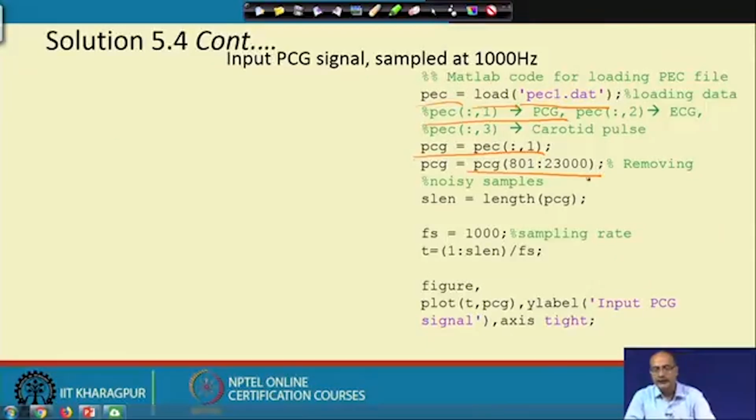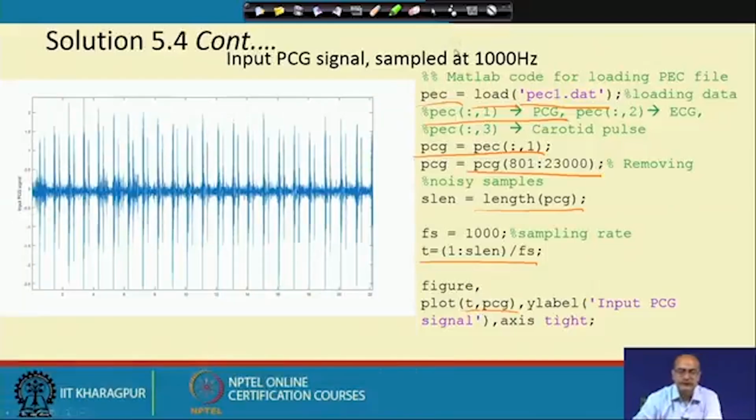And then we compute the length of the signal, so that we can create the corresponding time axis here using the number of samples and the sampling frequency, and then we plot that signal, the PCG, with respect to time. Let us see how that signal looks.